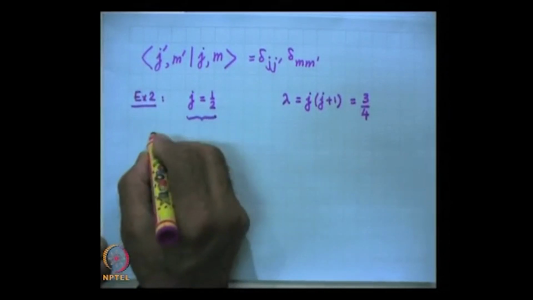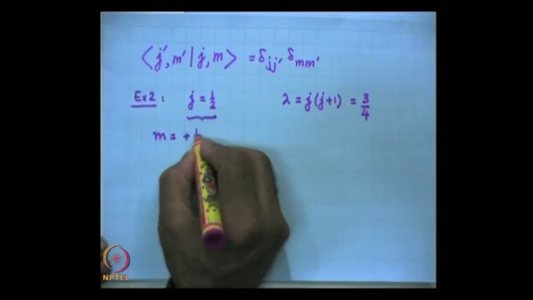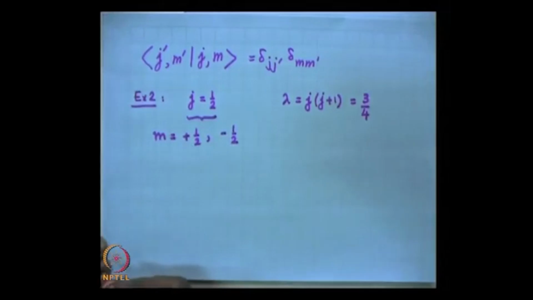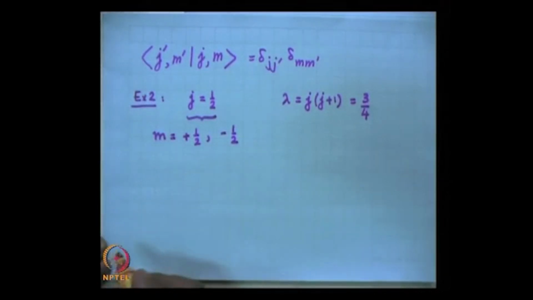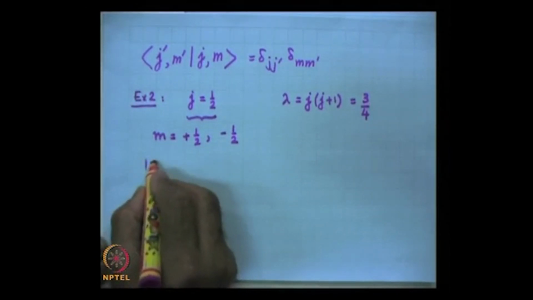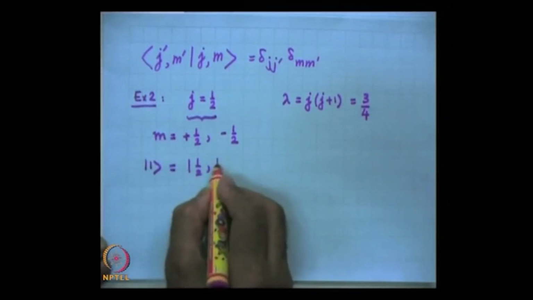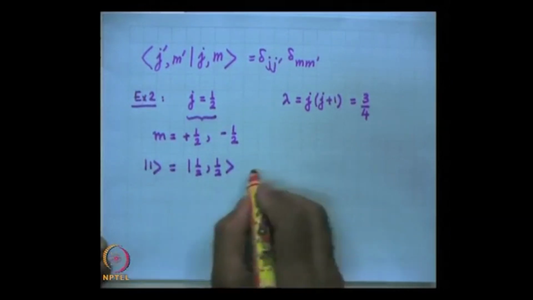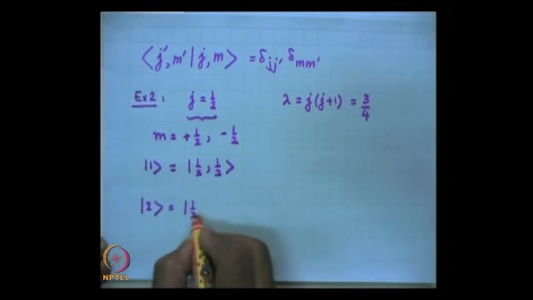The 2 m values are m is equal to plus half and minus half. So, it has two orthonormal vectors. One we represent by ket 1, which is equal to half half, and the second is half minus half.